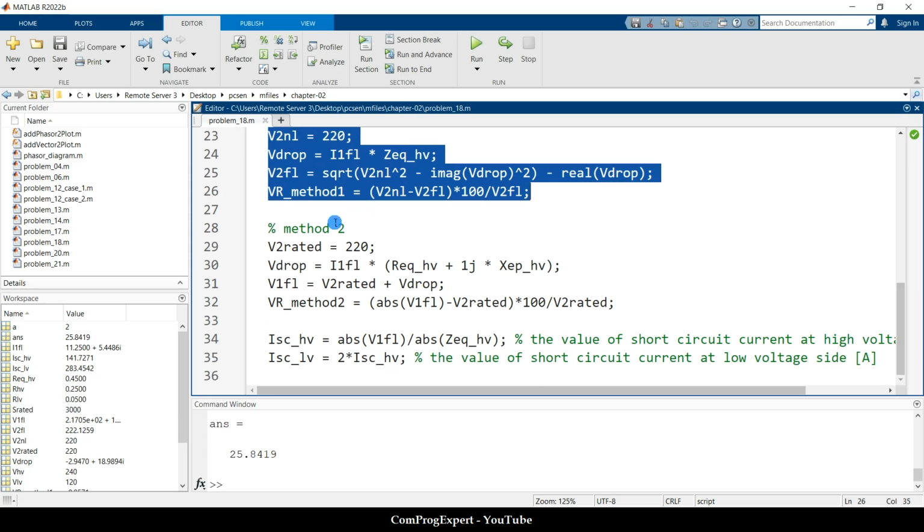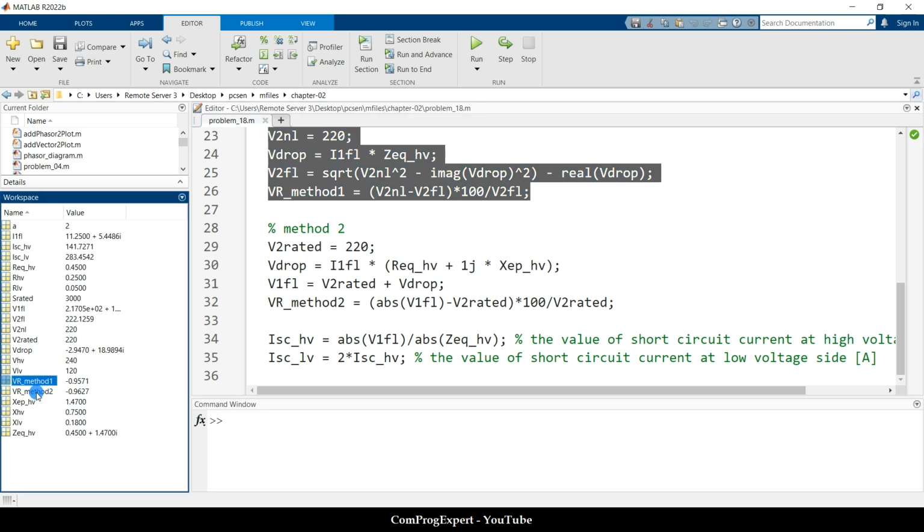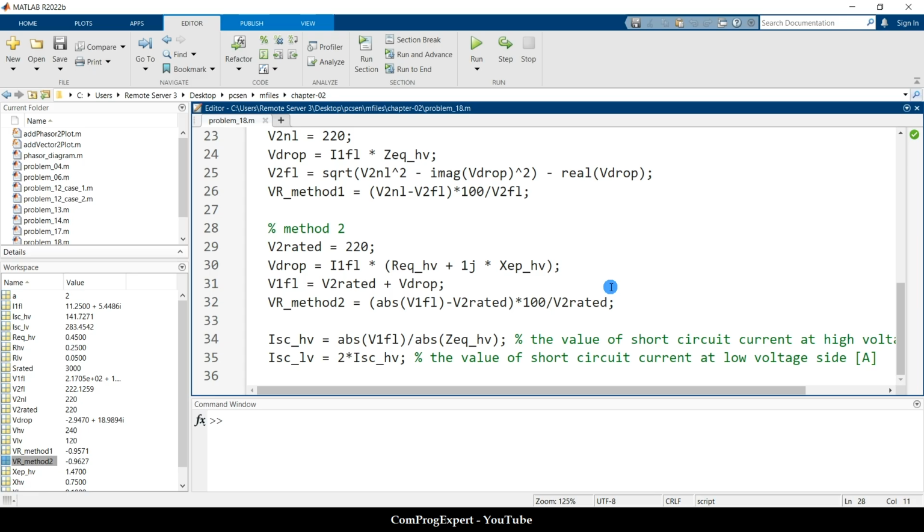I used two methods to calculate the voltage regulation. As you know, we have different methods to calculate it. So here, if I run the M file, you can see the value of the voltage regulation calculated by method 1 and method 2. These two methods are close. You know the reason.